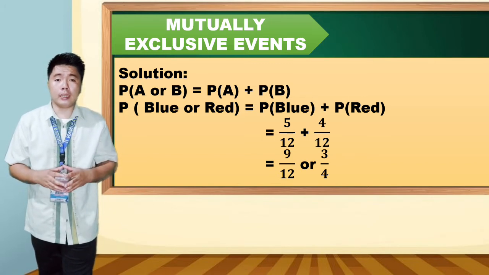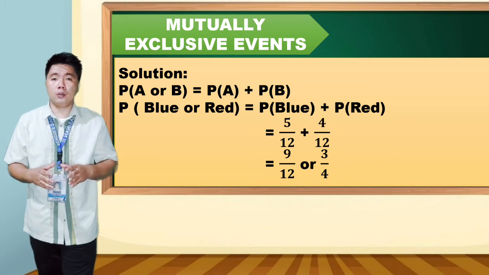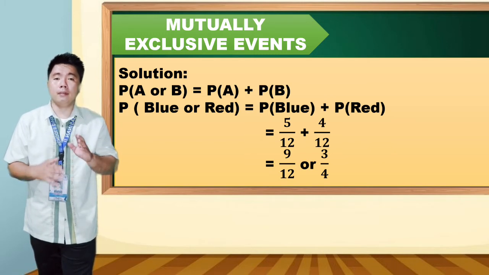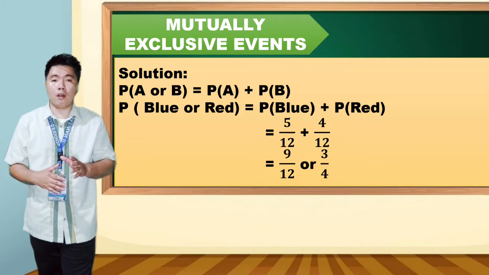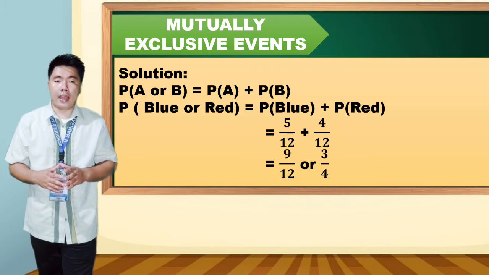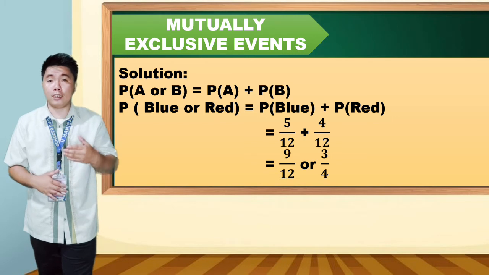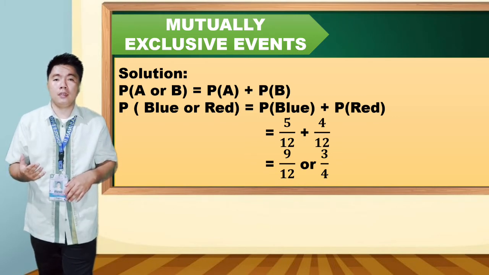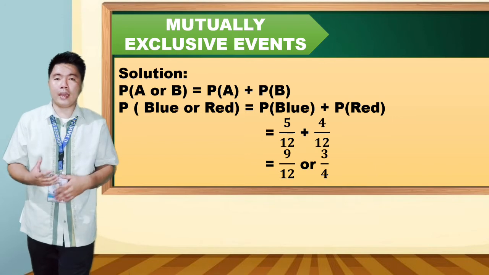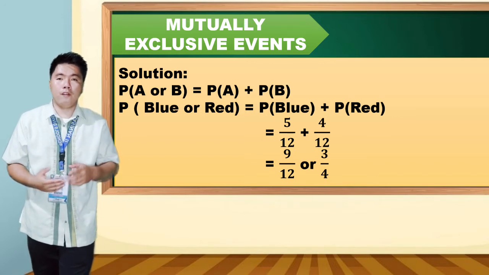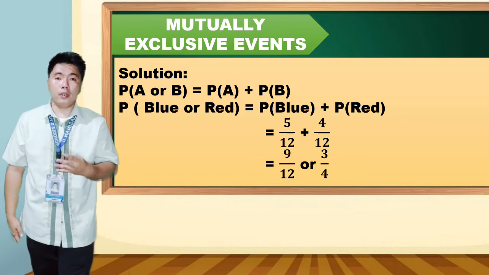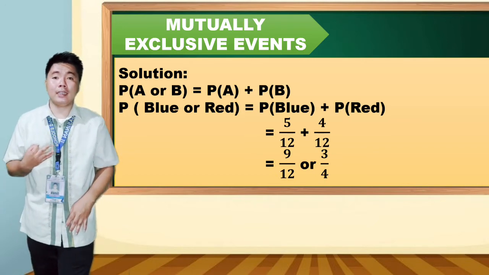We just change A to blue and B to red. So the probability of blue or red is equal to the probability of blue plus the probability of red. On that problem, all in all, we have 12 balls: 5 blue balls, 4 red balls, and 3 yellow balls.